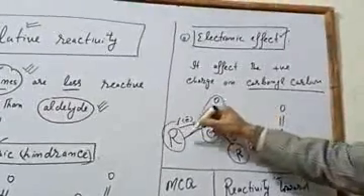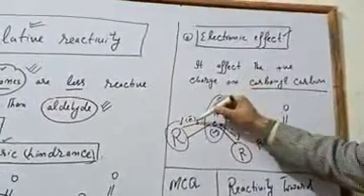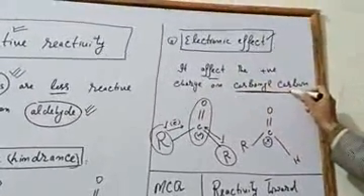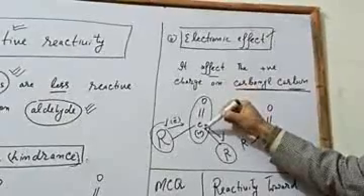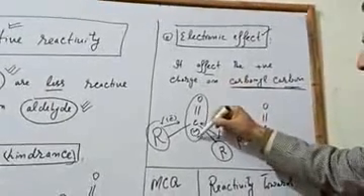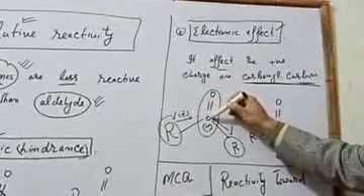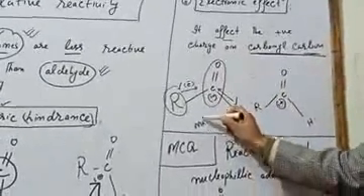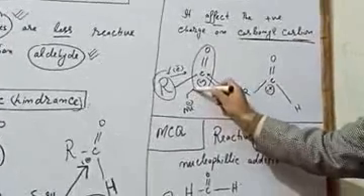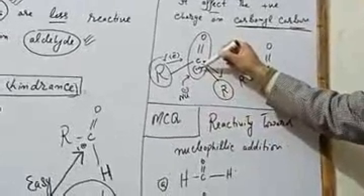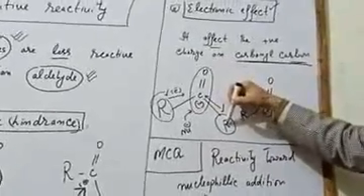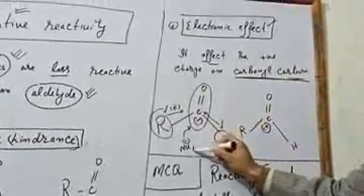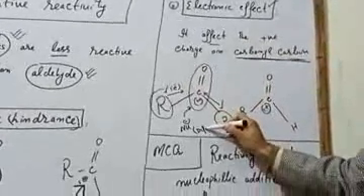Therefore, these two alkyl groups will affect the charge on the carbonyl carbon. How? They will reduce the positive charge on the carbonyl carbon. So when the nucleophile comes, the positive charge on the carbon is less due to the electron donating effect of these two alkyl groups, and that's why the attack will be difficult.